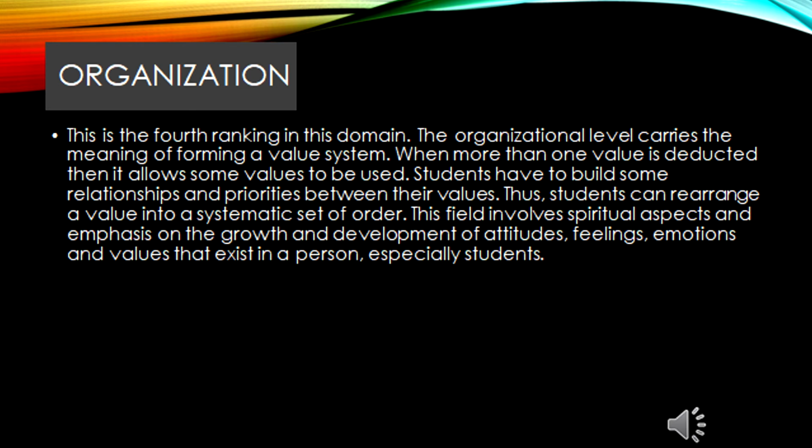So, we understand the third level of the affective domain. The next level is organization. Organization is the fourth ranking in this domain. The organizational level carries the meaning of forming a value system. When more than one value is involved, it allows some values to be prioritized.